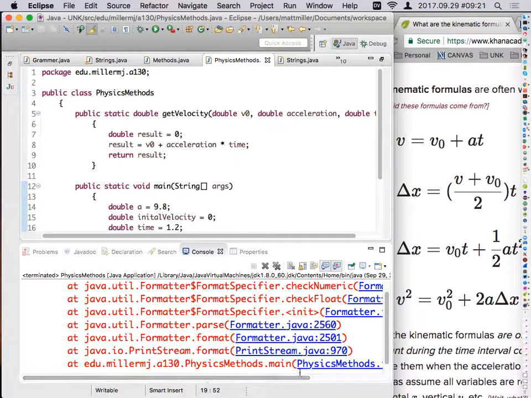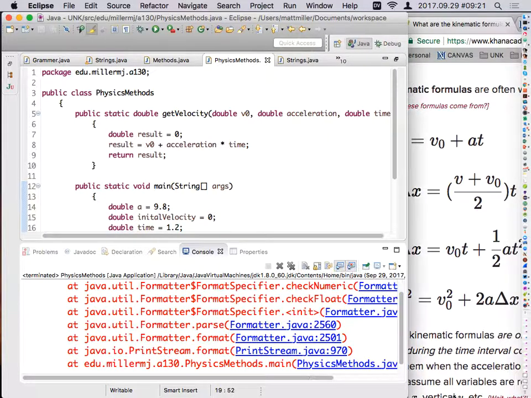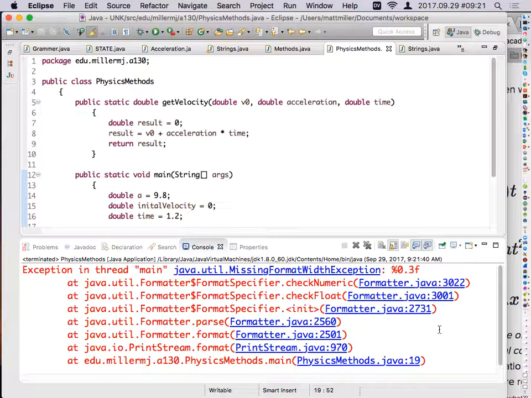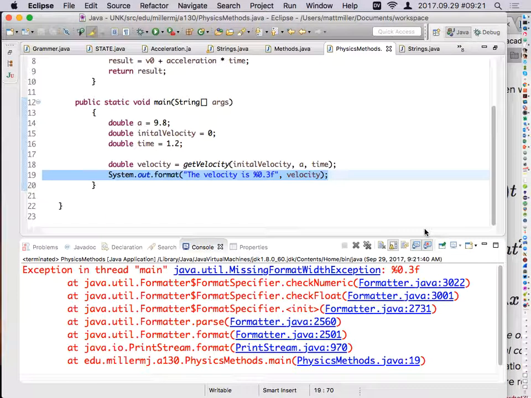All right, so one of the things you'll learn, you get these nice stack traces saying where it failed. It failed on line 19. Missing format width.